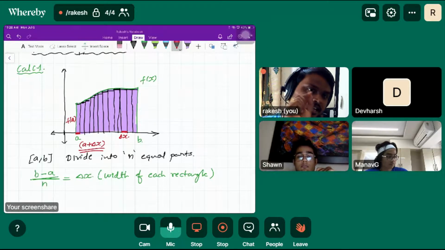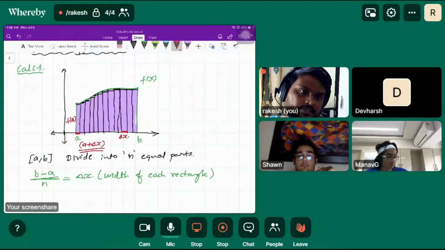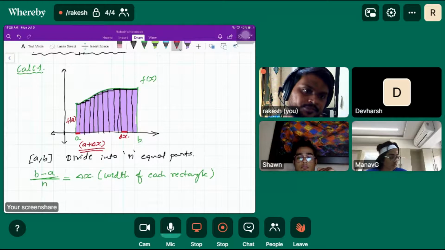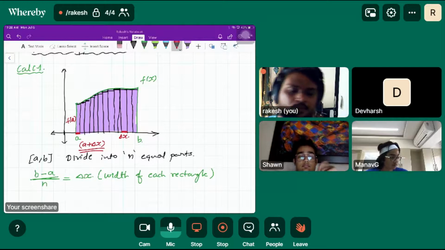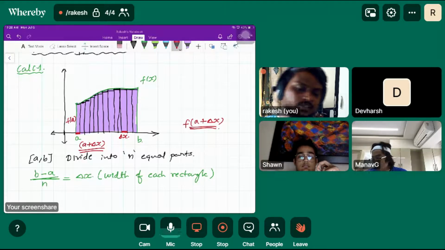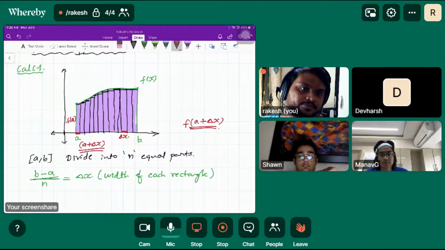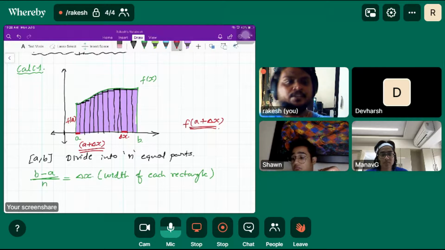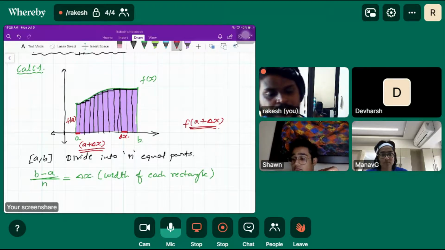The right end point is basically A plus delta x, isn't it? If you plug this into the function, that will give you the same height as the left end point of this rectangle. And we can take the middle value also. The middle value means the midpoint.